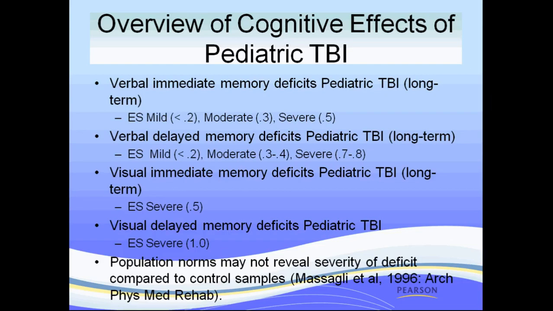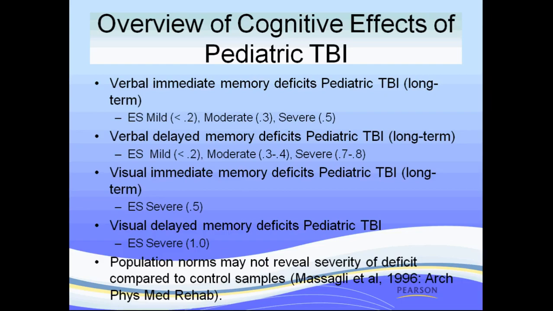And matched control groups mean if I have a lot of children whose parents are highly educated, those kids have higher premorbid function in general. So I match them against kids who also have higher premorbid functioning because their parents also have a high degree of education, a lot of money, or however you want to match them. And you'll say, oh, look, the difference is about 1 standard deviation between those two, or maybe even larger.